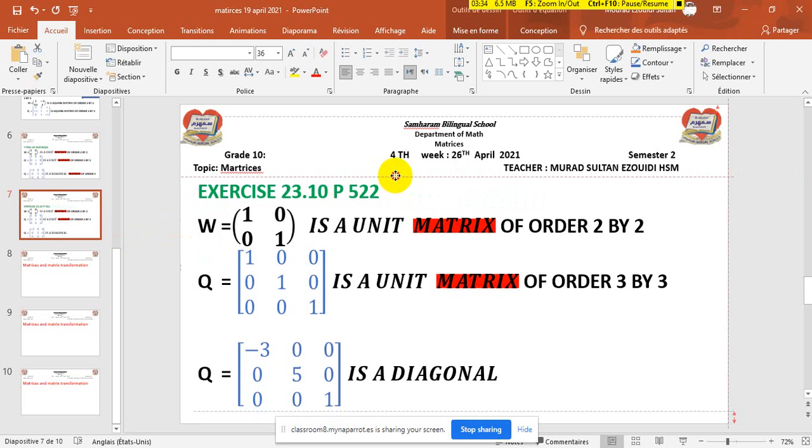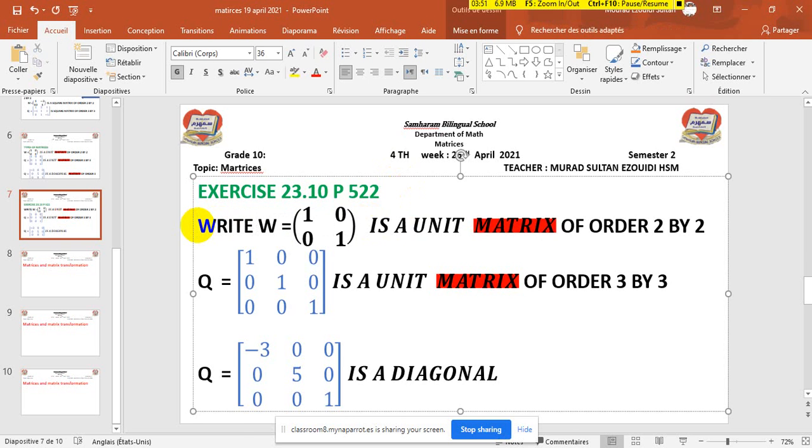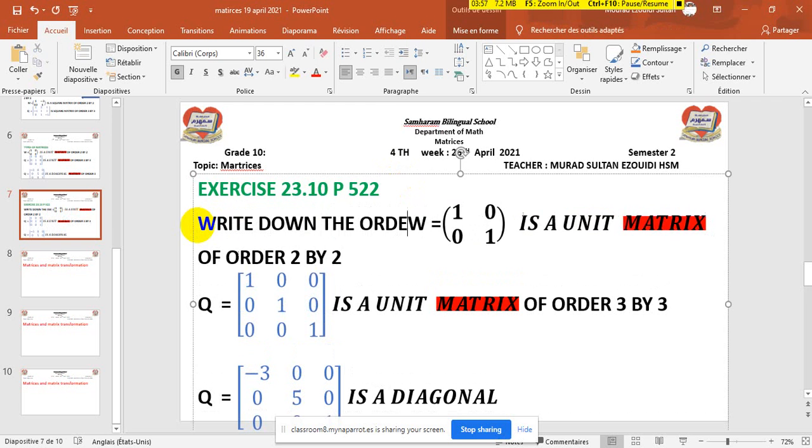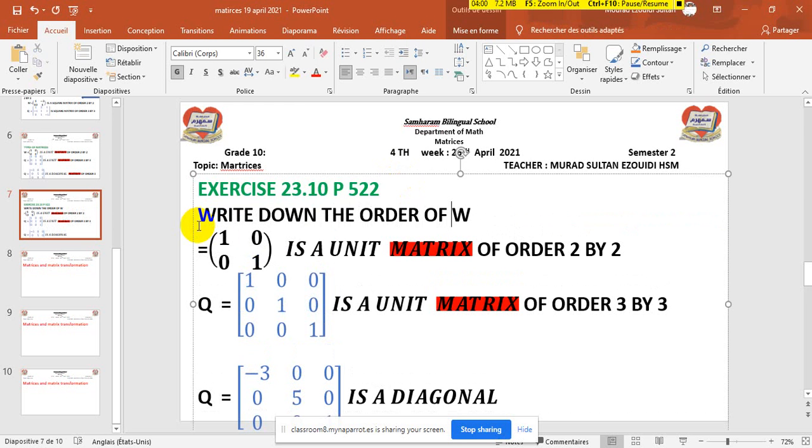So, was the screen clear, my daughter? Yes. Okay. Now, I will try to solve. The question is: calculate or write down the order of the following matrices, of the given matrices. Okay, the first one, my daughter, is small a.